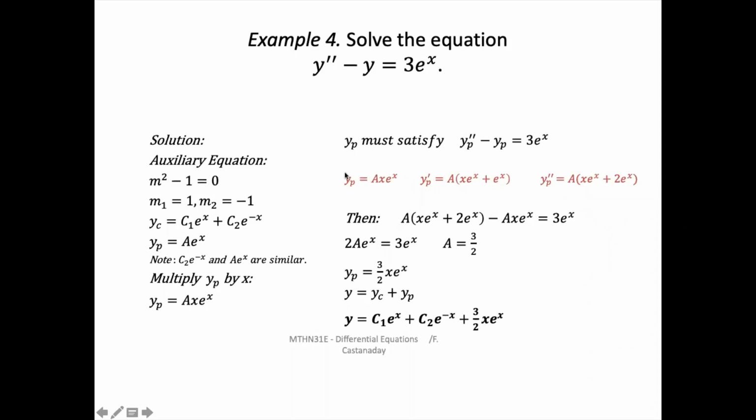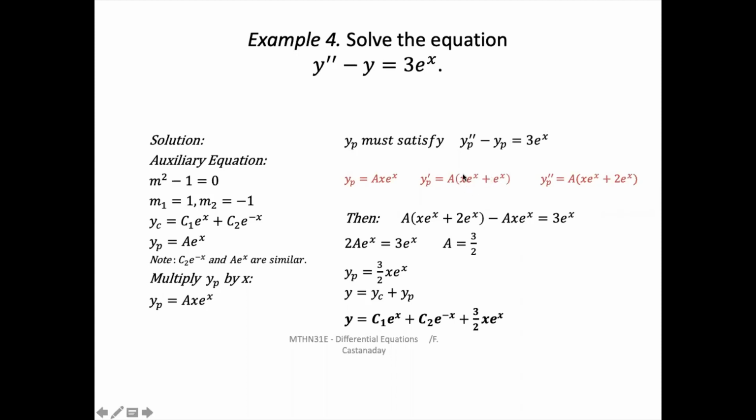So the first derivative of this y sub p is, you copy the constant and you use the product rule. So you have x, differentiate e raised to x, so it's e raised to x, and you copy e raised to x and differentiate x, and that is 1. Now, we are going to differentiate y prime sub p. So we copy a and then differentiate the first term, so you have x e raised to x.